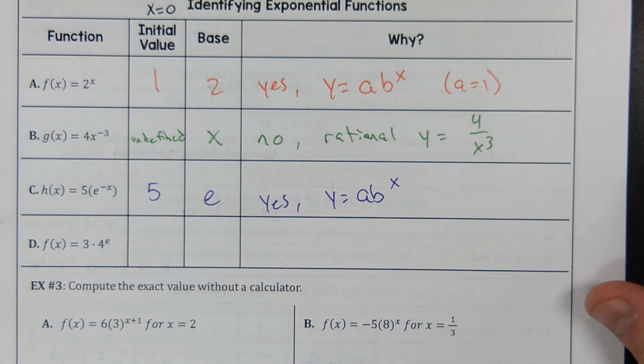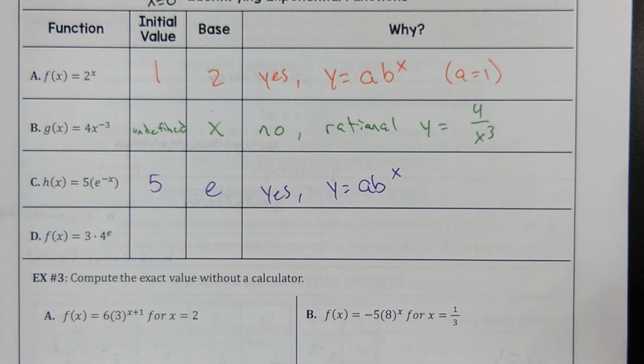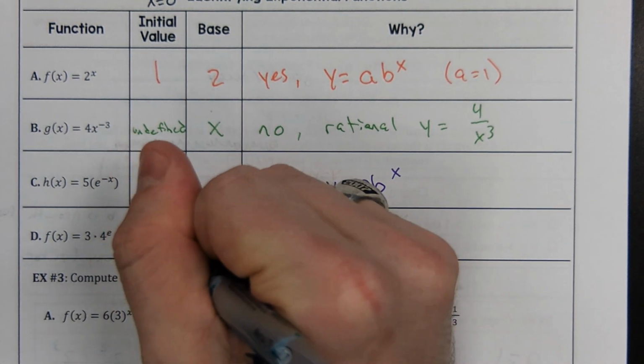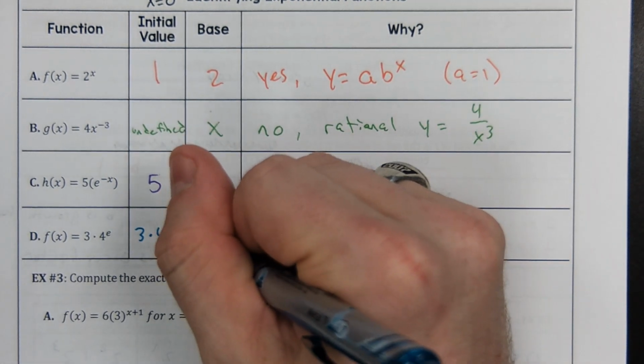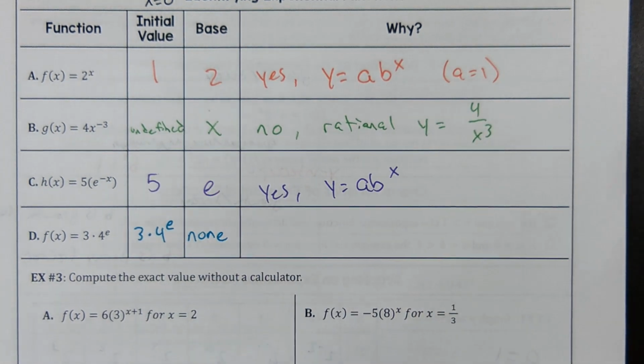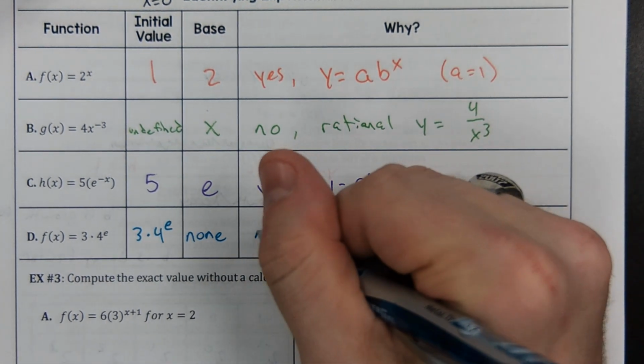And the last one. It doesn't even have an x. So what is its initial value? It's this. That's your initial value. It doesn't even have a base. So no, this is not an exponential function.